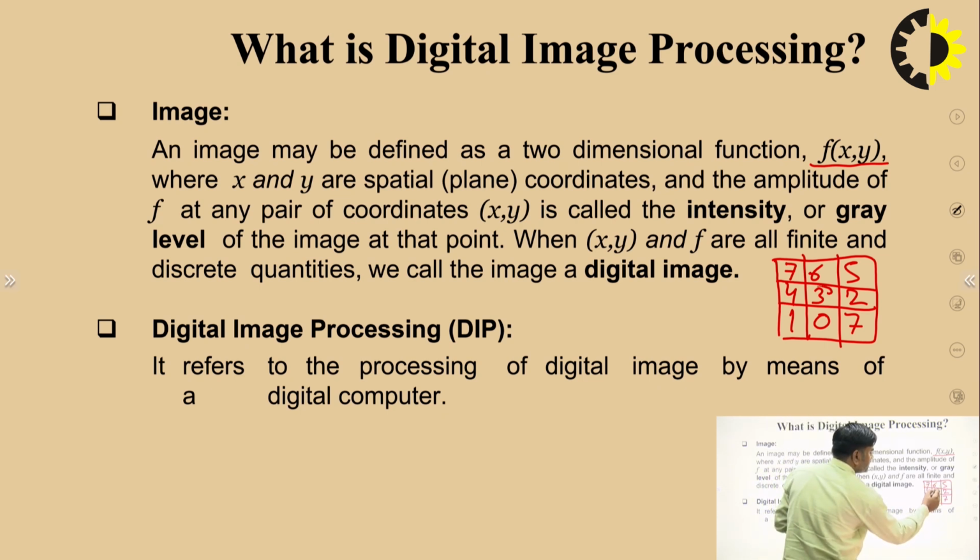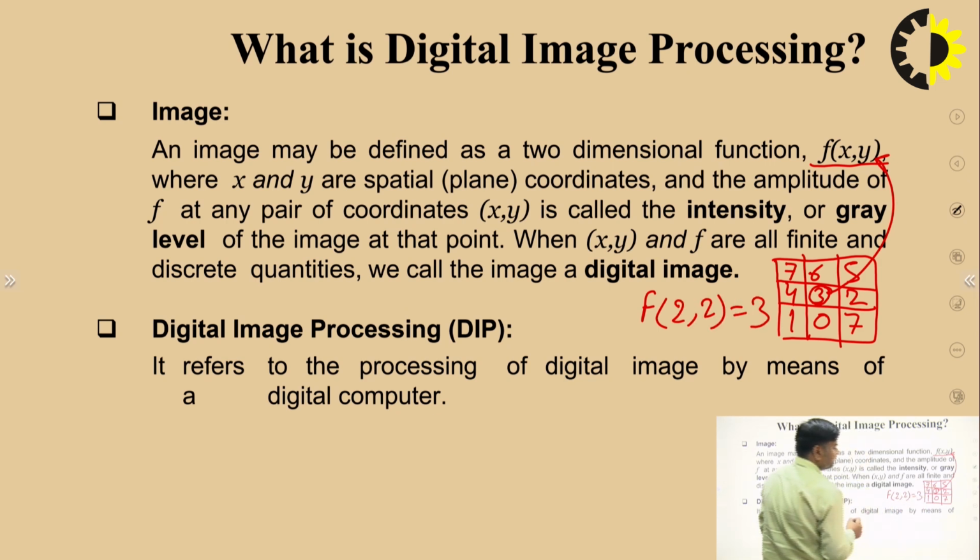Suppose this is the location where we find x comma y. Here f(2,2) equals 3, meaning the intensity value of the pixel at location 2 comma 2 is 3. In this way, we can represent the image as a two-dimensional function f(x,y).